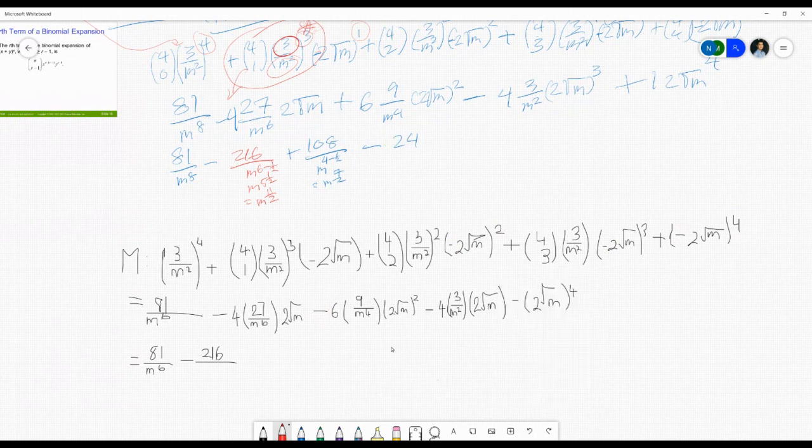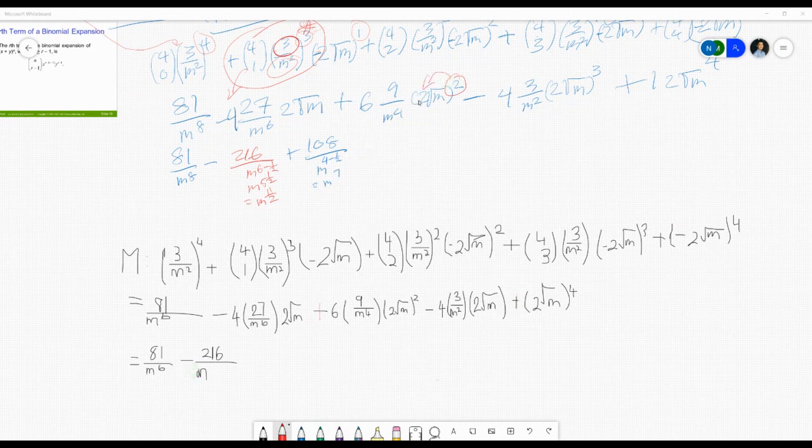No, this is wrong for me right here. It's not square root. Hey, Professor. Yes. Right here with the square root, 2 root m to the second, because it's squared, it affects the 2 as well, right?